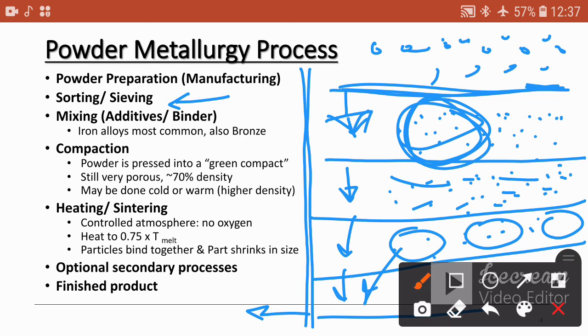Okay, there is a sieve to filter out the bigger particles. Okay, and we will only keep the small diameter particles, the particles we want, and big particles are removed by using this process.